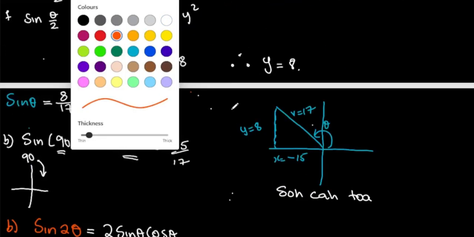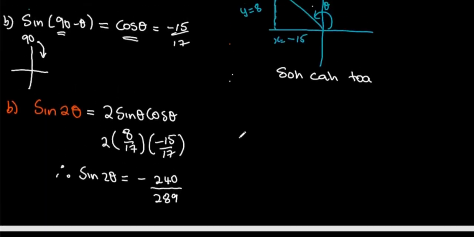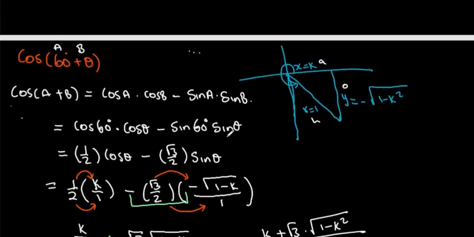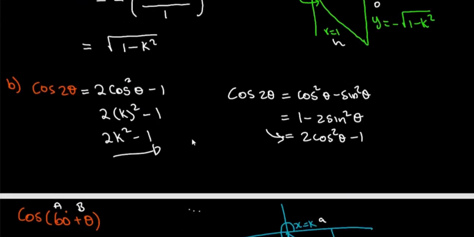Oh, that was C. This is number C, and this should be D. We are looking for the cos of 2 theta. So now, if we go back up, remember we talked about the cos of 2 theta. Remember we said that for the cos 2 theta, we can use one of these identities.